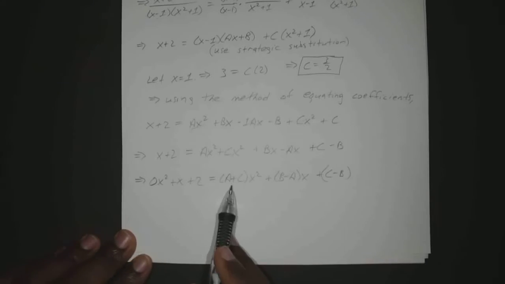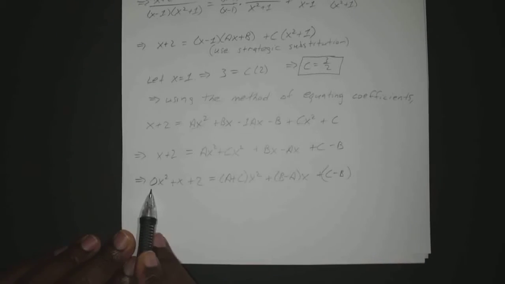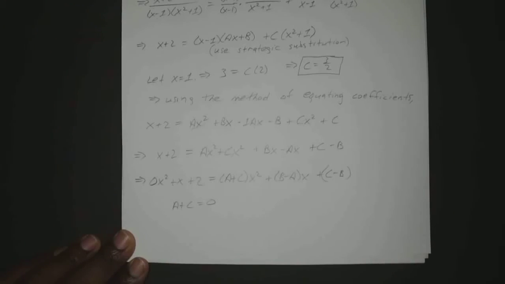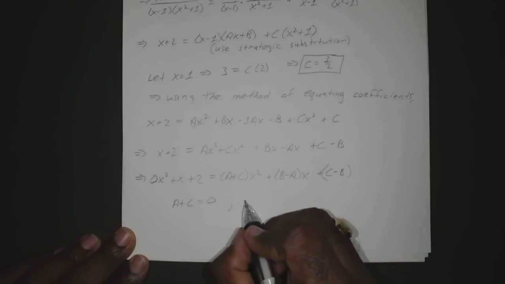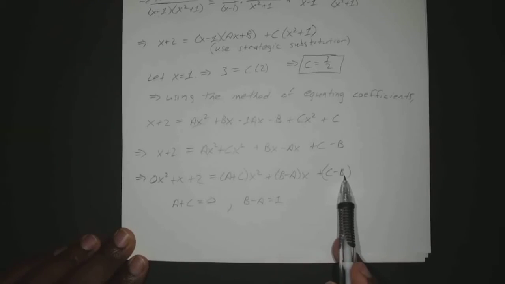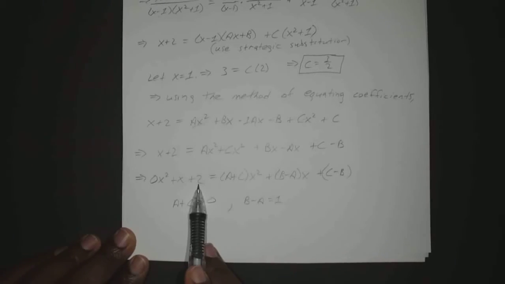So we know here that a plus c would have to equal 0. We know that b minus a would have to equal 1 for that to be true. And we know that c minus b would have to equal 2.